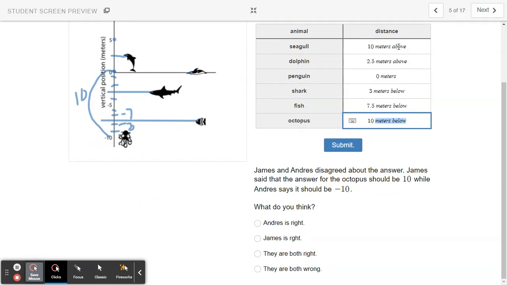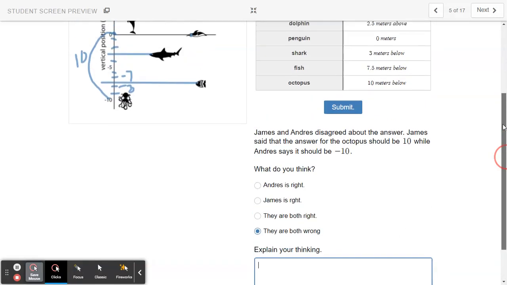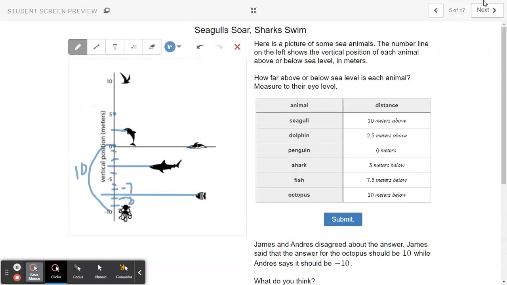The negative tells us that it's below sea level. So I would say they're both right, and I would explain why, like what we just said there. You could argue it in different ways. As long as you explain your thinking and it's showing logical thinking, it would be considered correct.